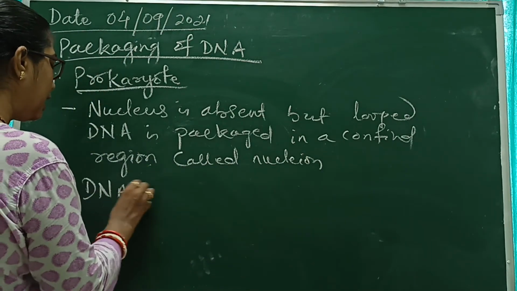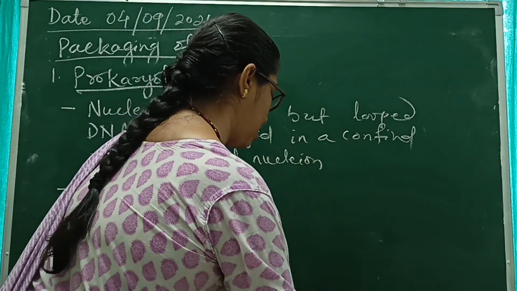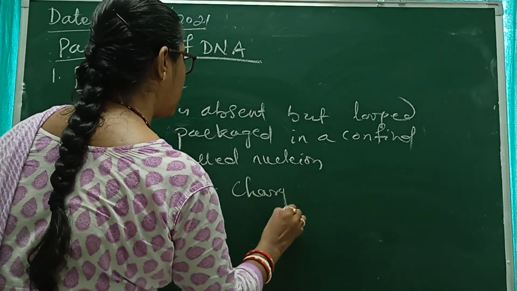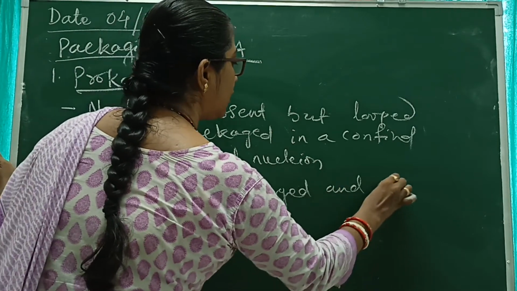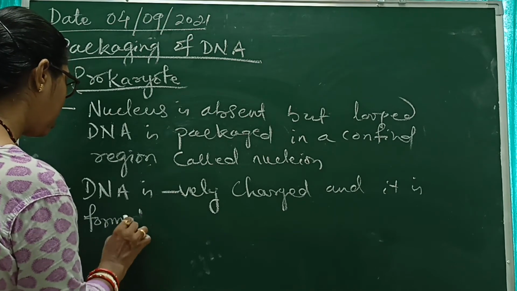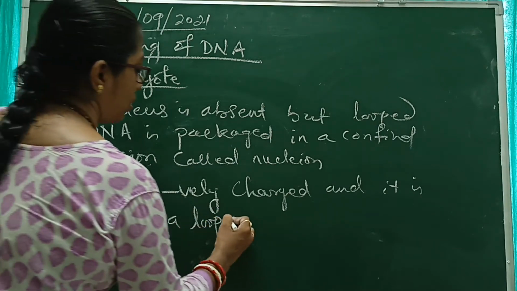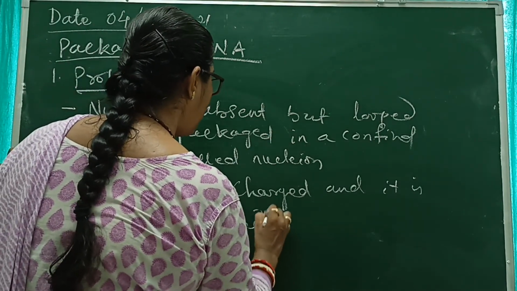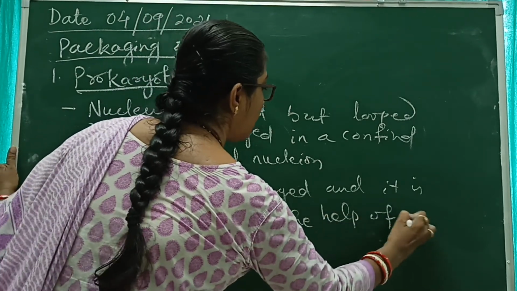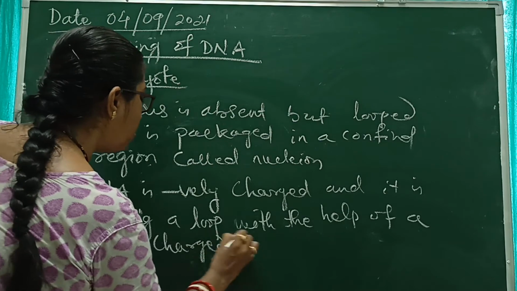DNA is negatively charged and it is forming a loop with the help of a positively charged protein.